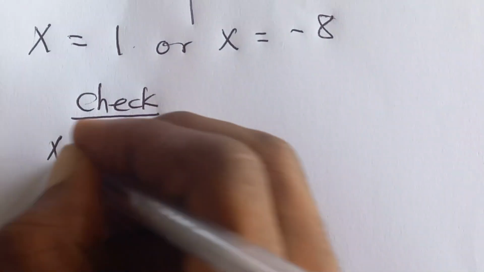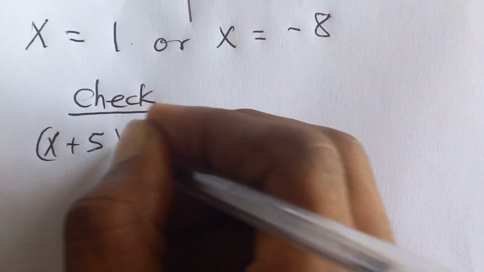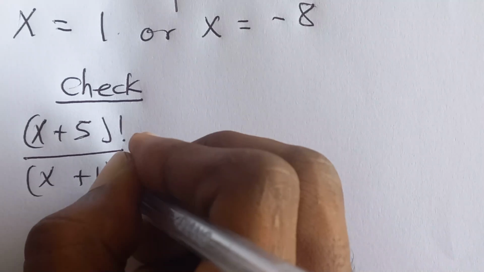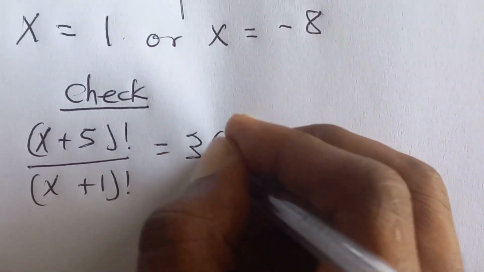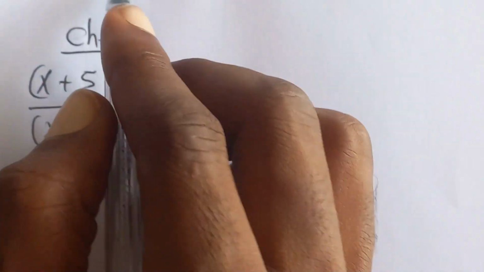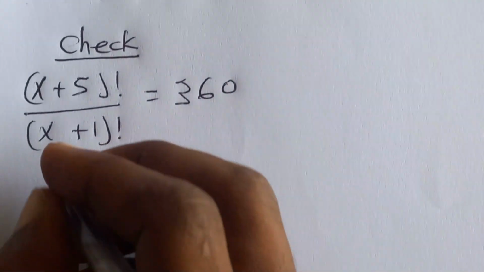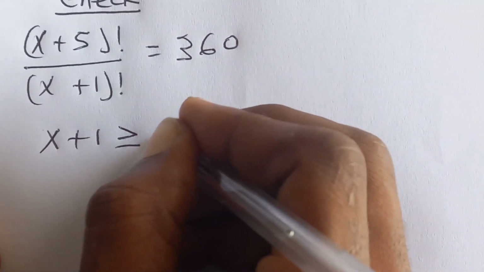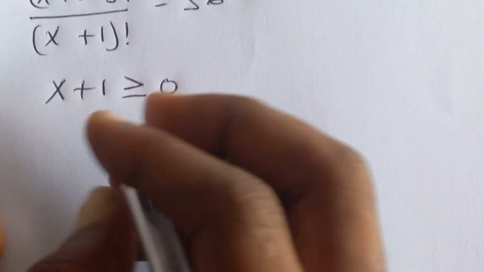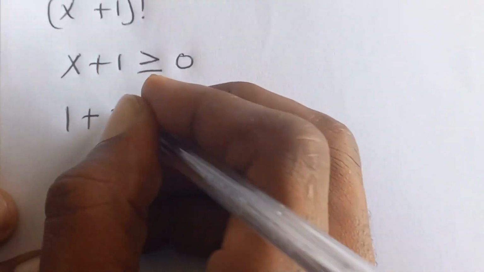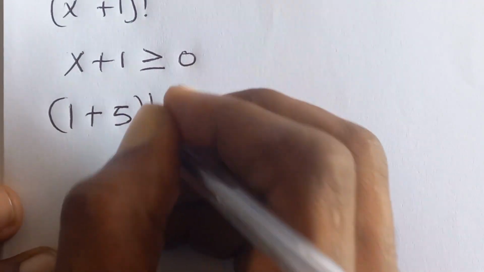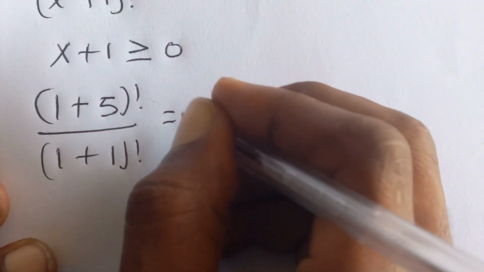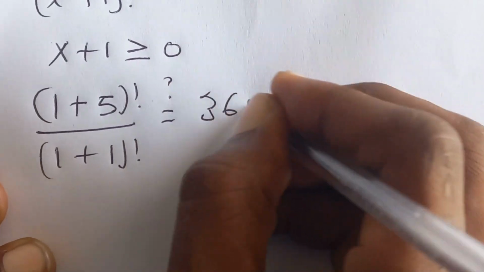So we are having x plus 5 all factorial over x plus 1 all factorial is equal to 360. So when x is equal to 1, so that is when x plus 1 is greater than or equal to 0, we have 1 plus 5 all factorial over 1 plus 1 all factorial, which should be equal to 360.